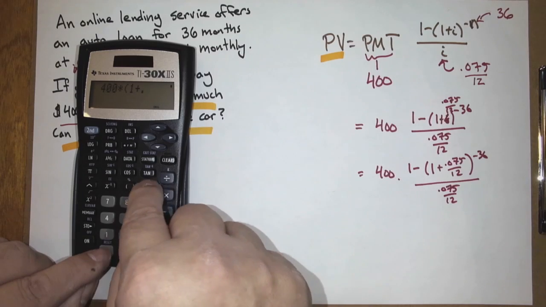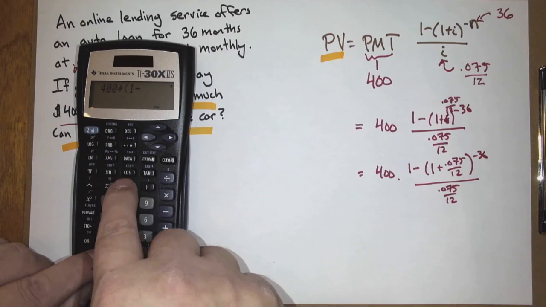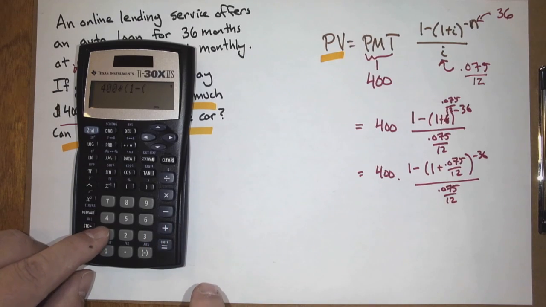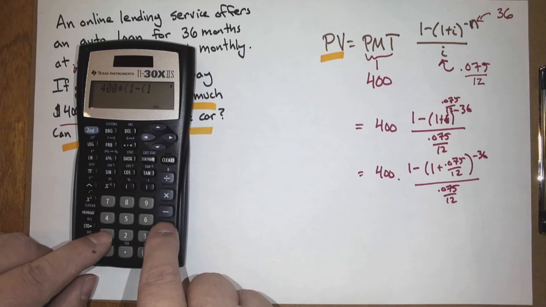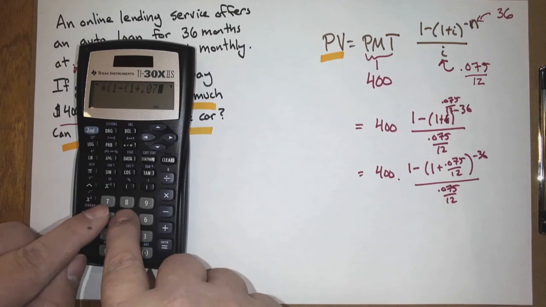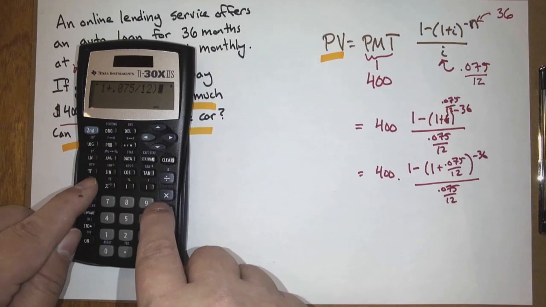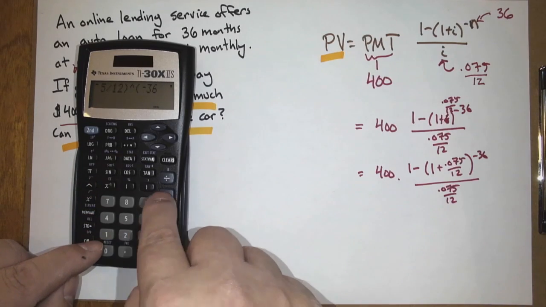And make sure you're typing things in right. That's why it pays to check that you got the answer you think you should get. 0.075 divide by 12 to the negative 36.